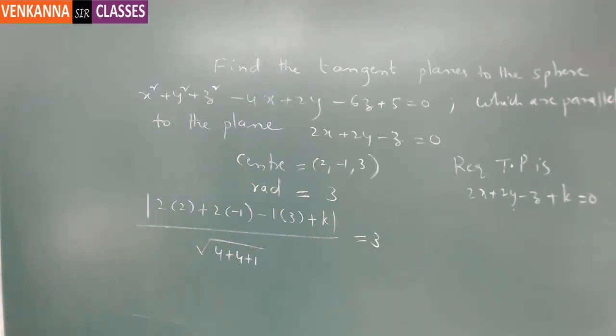Hence, equating, you get modulus of k minus 1 is equal to 9. You can take the modulus value as positive or negative.